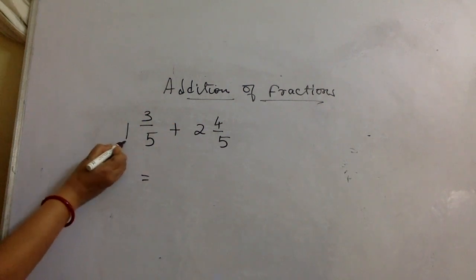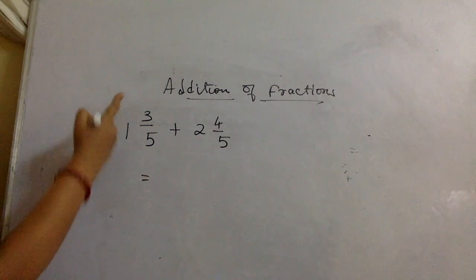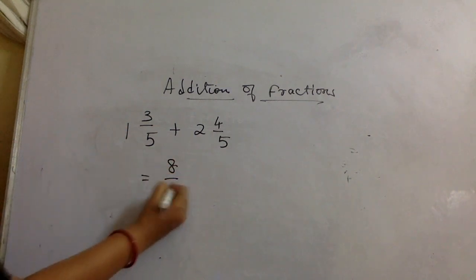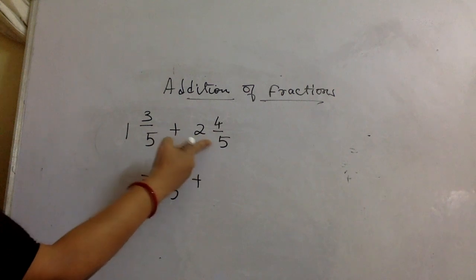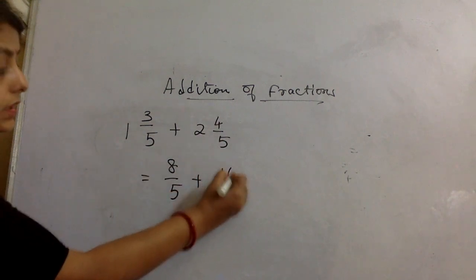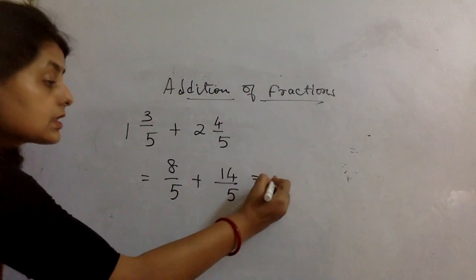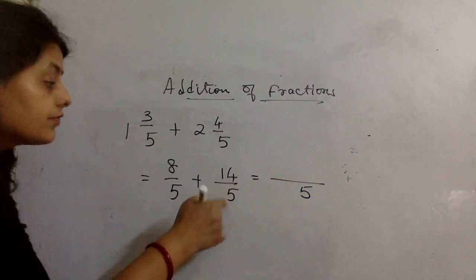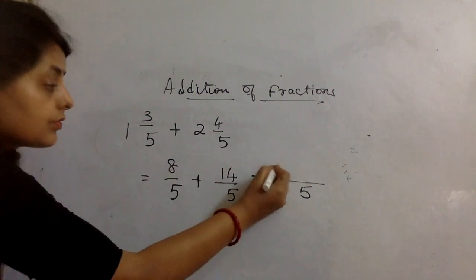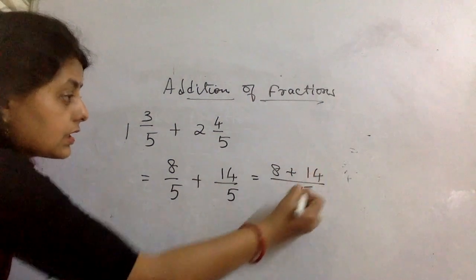So 5 into 1, that's a 5, plus 3, 8 by 5, plus 5 into 2, 10, plus 4, 14 by 5. Maybe we can talk about converting mixed to improper fractions in another way. So write the denominator here, 5, copy this down, 8, copy down the 14, we are done.